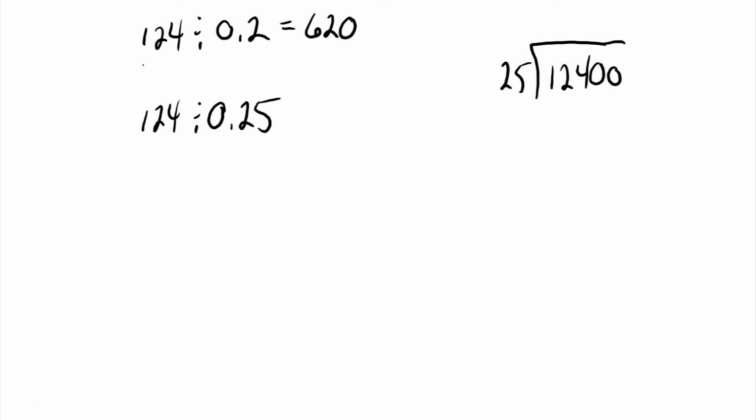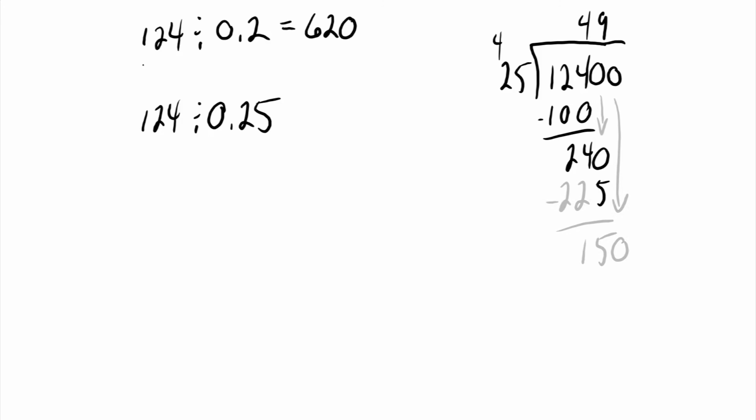So now we're saying 25 into 12,400. We can go ahead and do that. 25 into 124 goes 4 times. Subtracting. 25 into 240 goes 9 times. 150 goes 6 times.